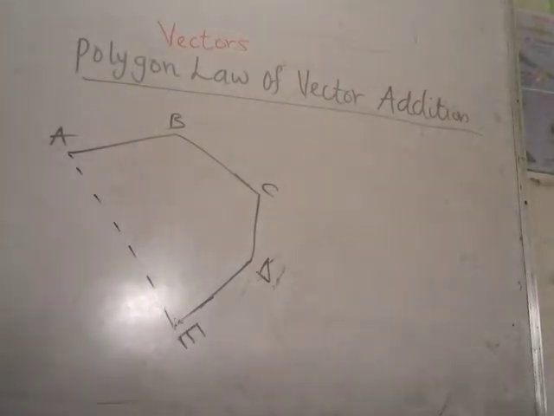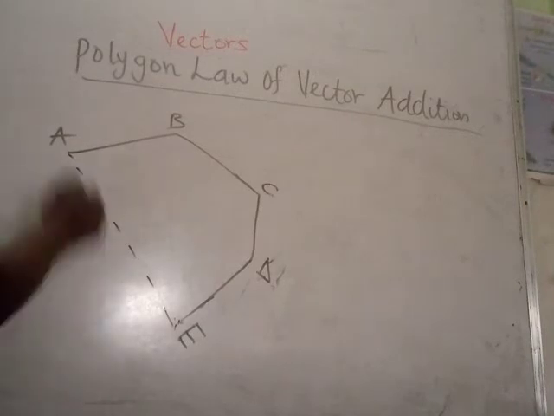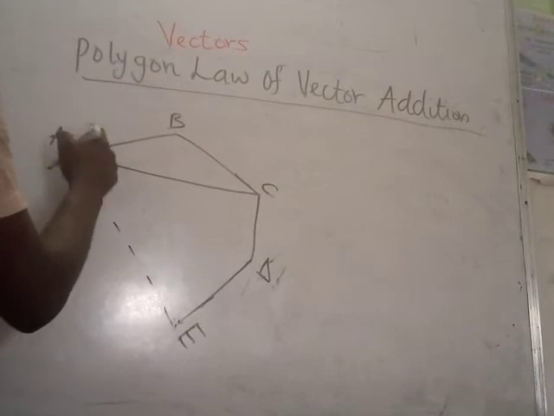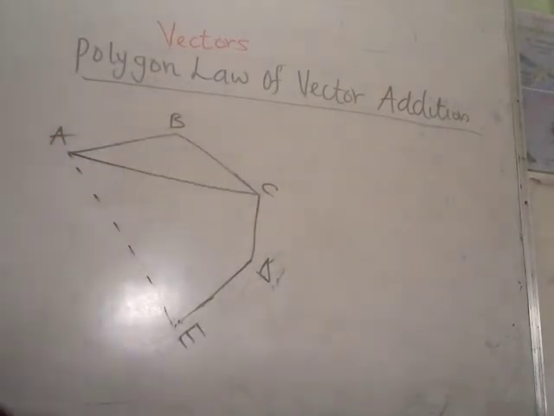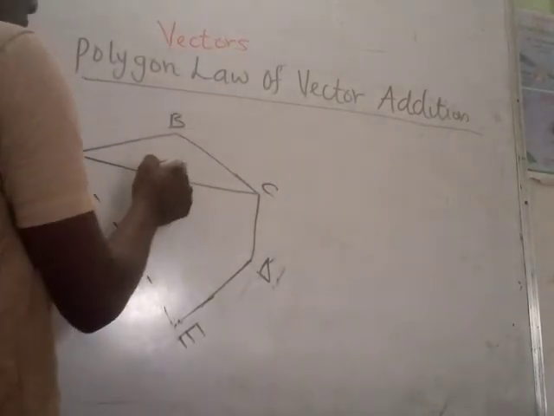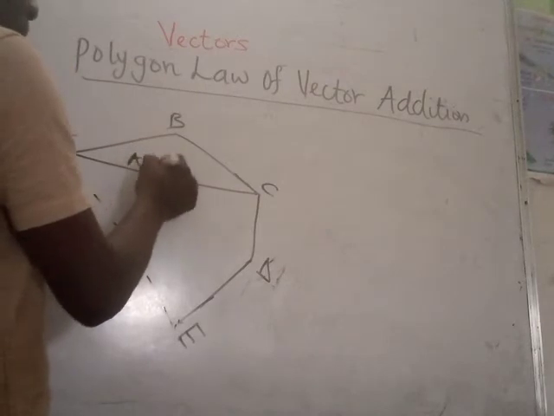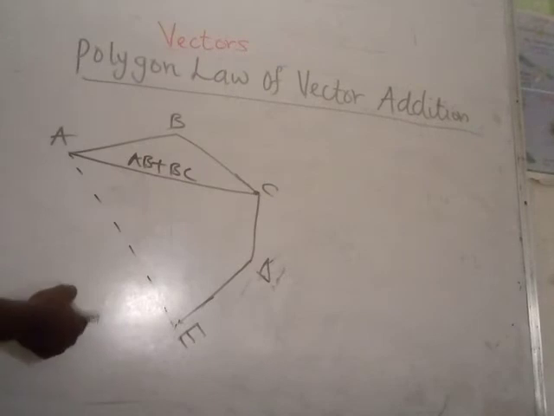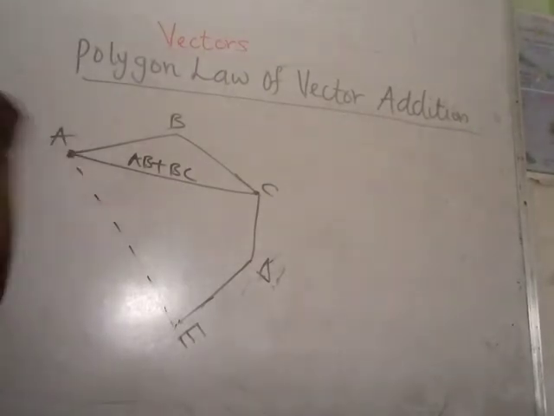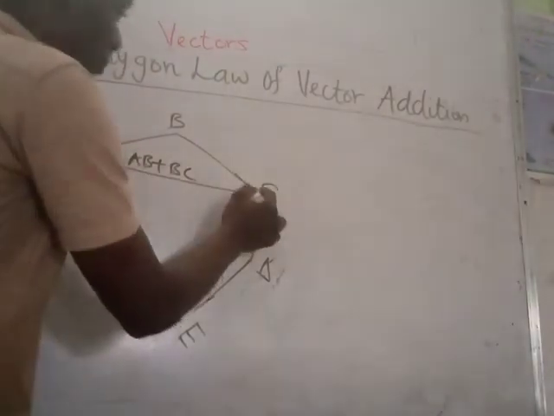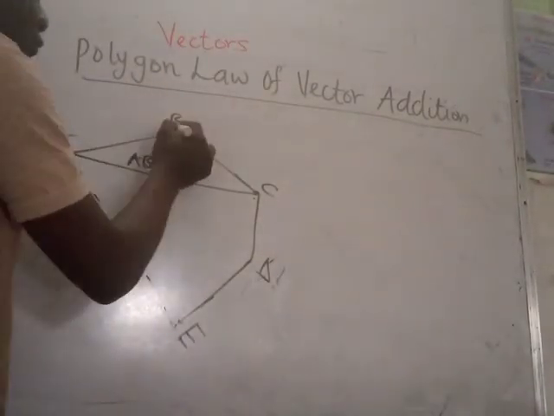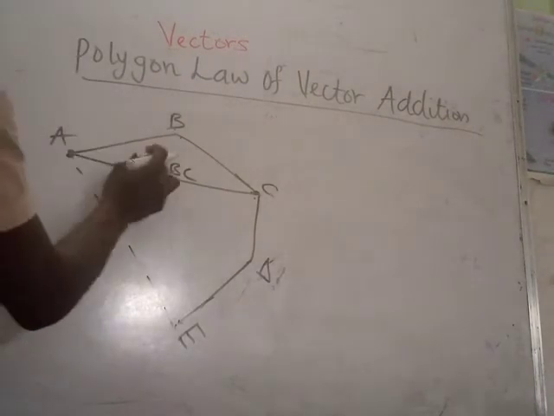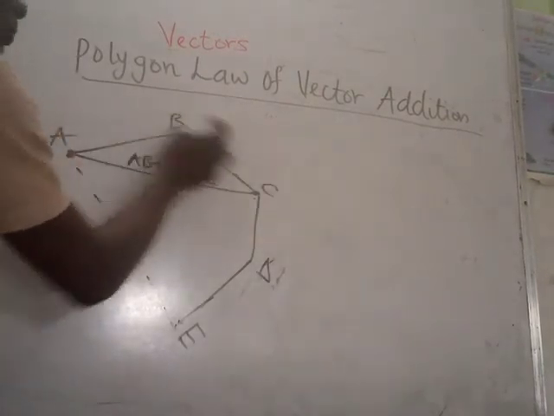So how do we get the resultant? You will agree with me that the resultant of these two vectors, AB and BC, is going to be AB plus BC. Remember that I want to get to point C from point A. I have two ways of going there: either moving directly, or moving through B, then from B to C. So the resultant AC is going to be AB plus BC.